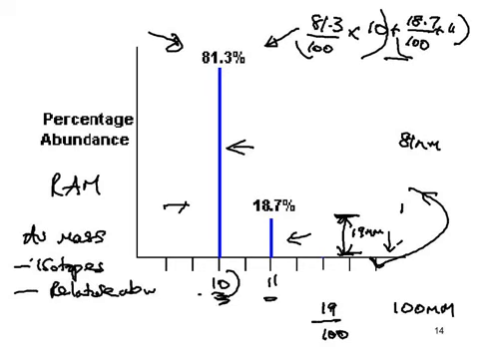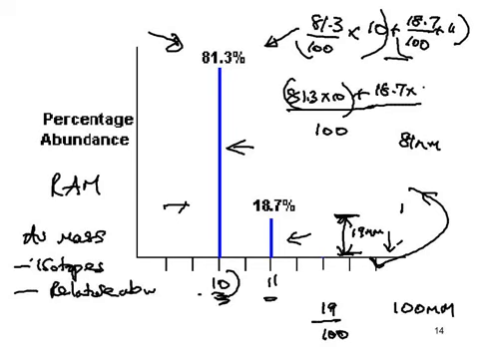If I add those together, that will give me the relative atomic mass. Since both numbers are divided by 100, the common denominator is 100, so actually we could simply write that as 81.3 times 10 plus 18.7 times 11. And if you work that out, that will give you the relative atomic mass of this particular element, boron. And we'll arrive at that answer in a moment.